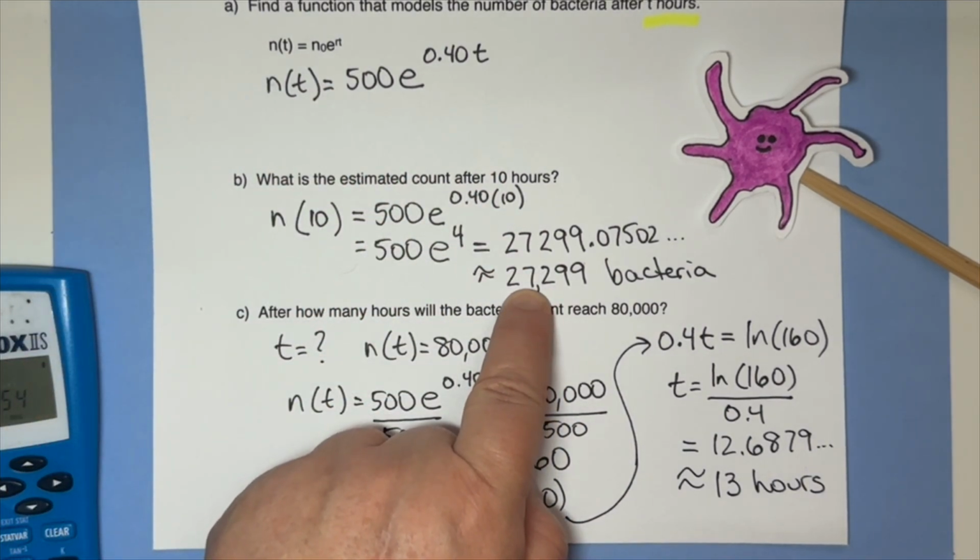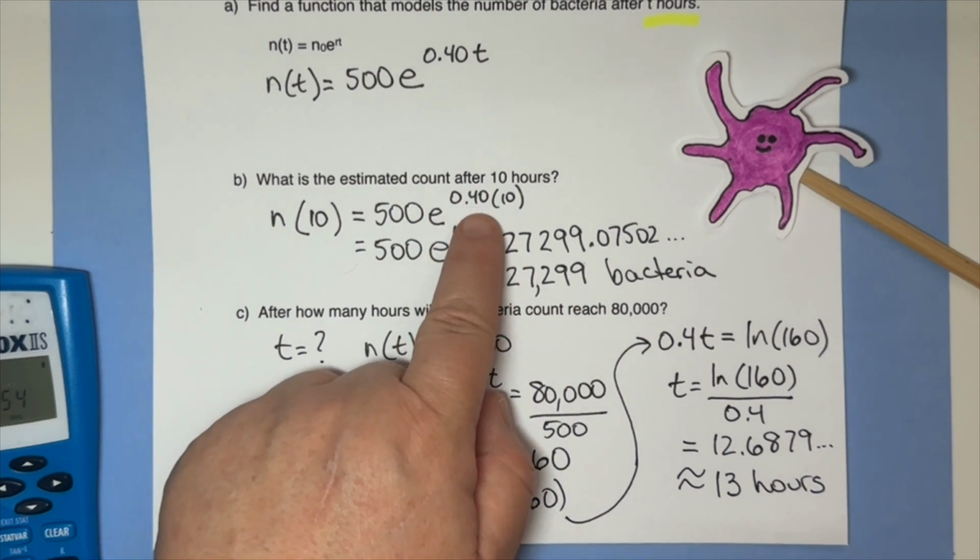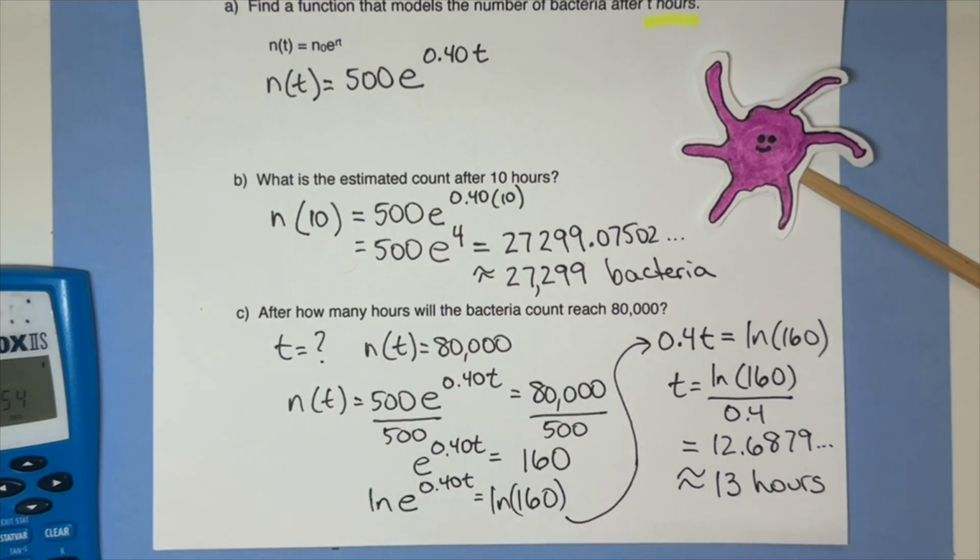So it makes sense that if the relative growth rate is 40% every hour, it gets another slightly less than half every hour. That makes sense. That's how I'm slowly going to get up to 80,000 bacteria.